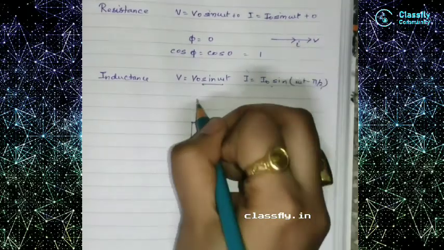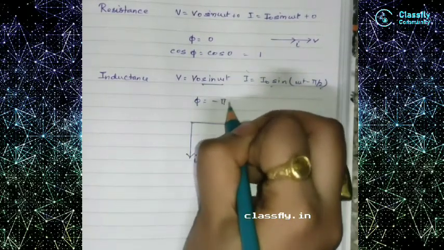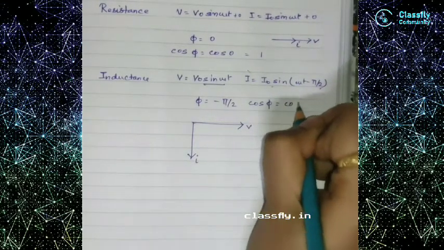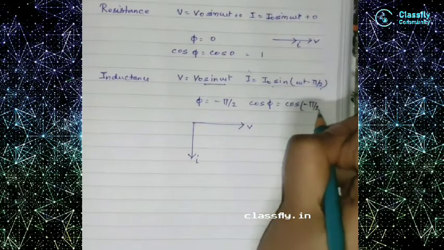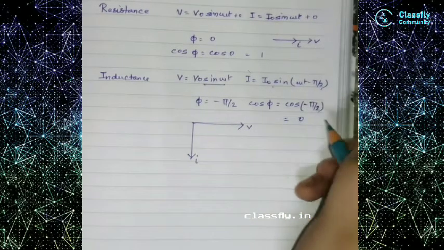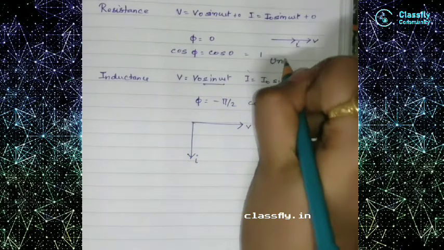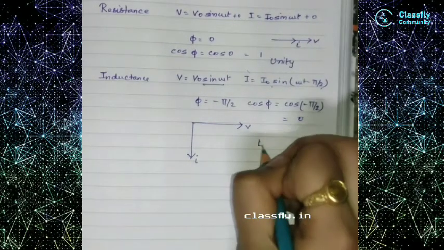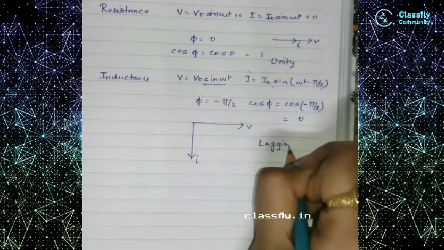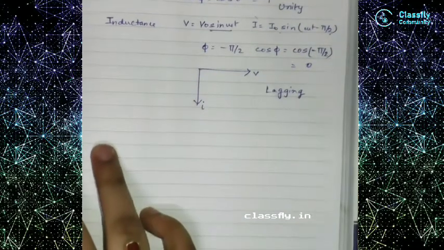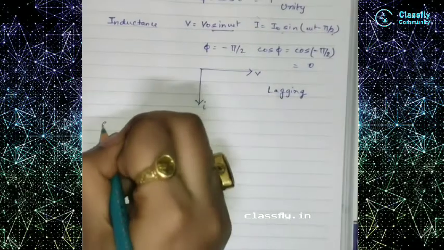So here my phi is minus pi by 2. So my cos phi will be cos minus pi by 2, that is 0. So here we will say that this is the unity and this will be the lagging, because I is lagging from the voltage by 90 degree. Now see the capacitance.